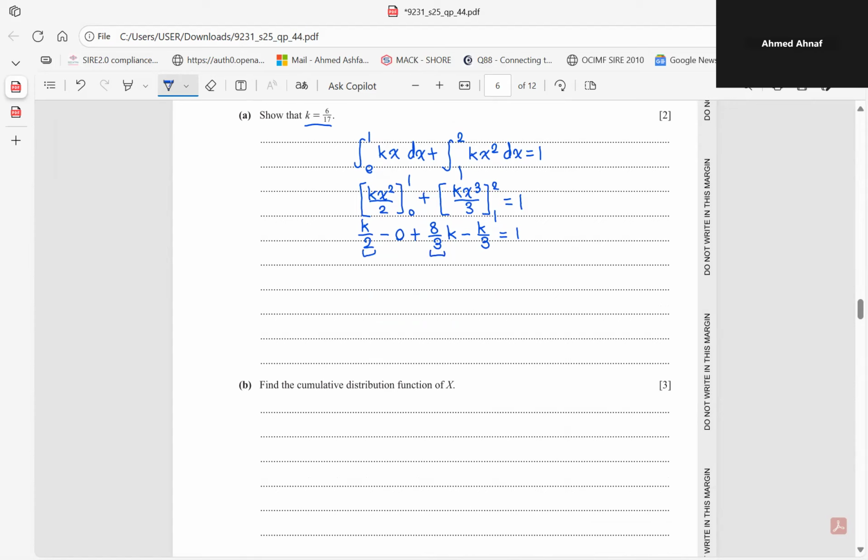Let's add all these terms up together: half k plus 8 over 3 k minus 1/3 k. You can get 17 over 6 k equals 1. Then you'll get k is equal to 16 over 17.